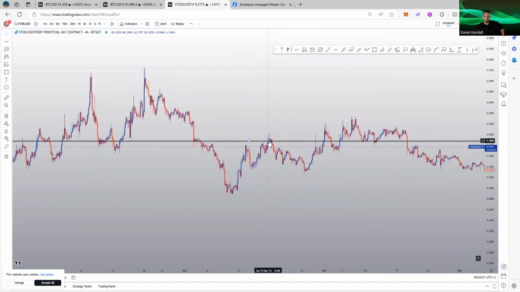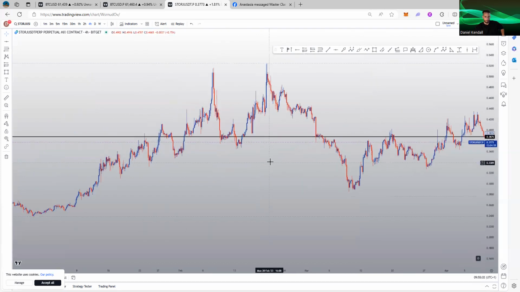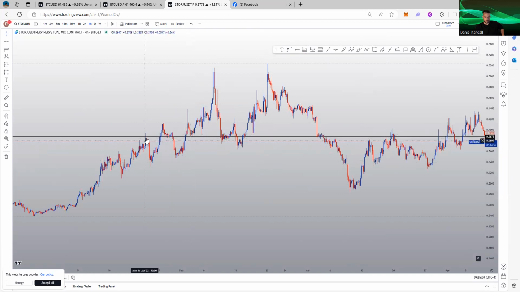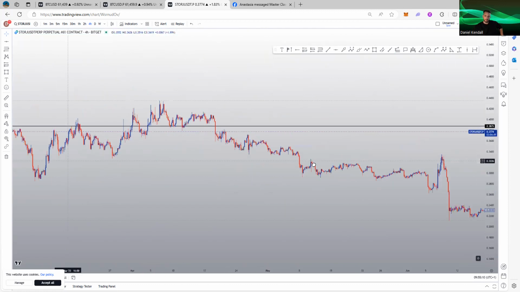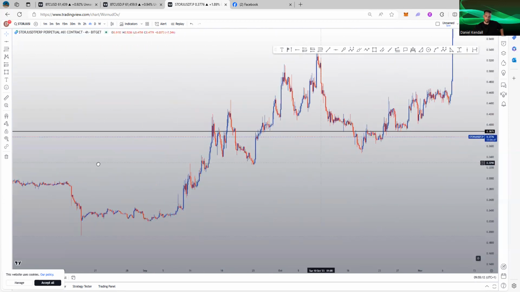You see here, this level acted as resistance, acted as support here, acted as support there, resistance there, support there, double bounce, this move here.